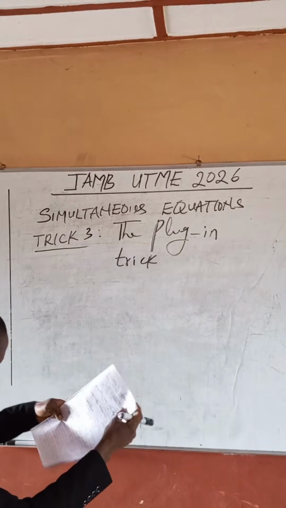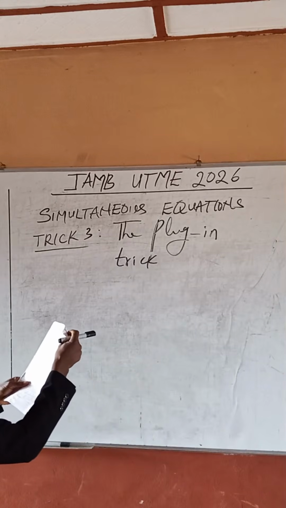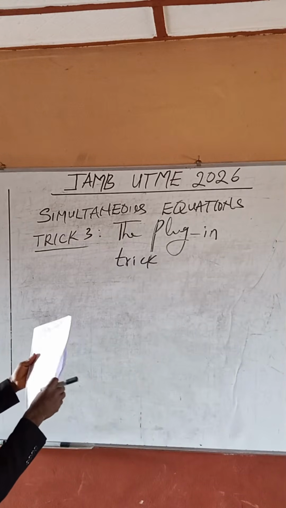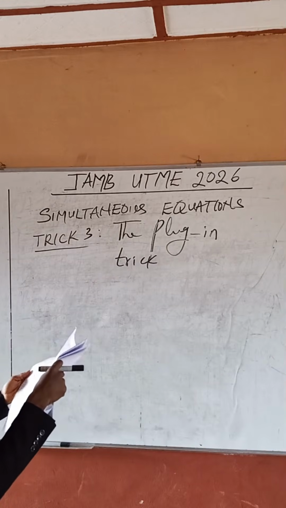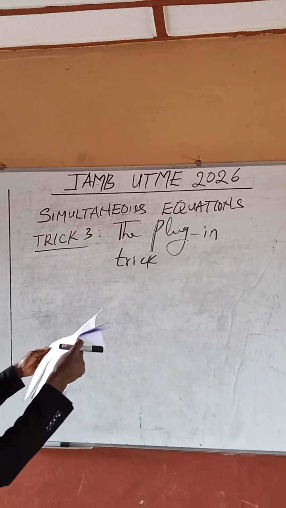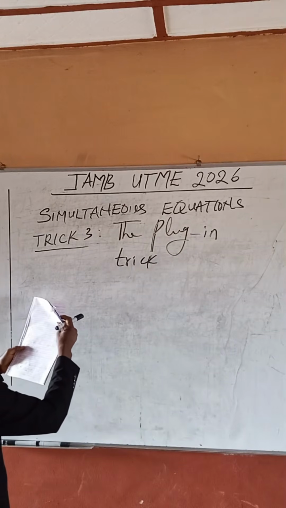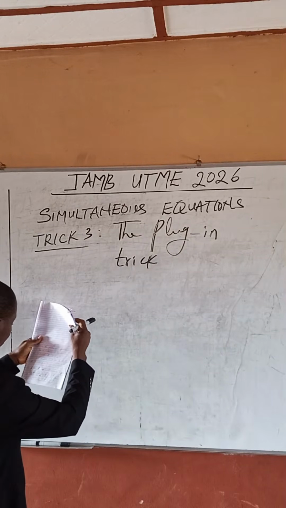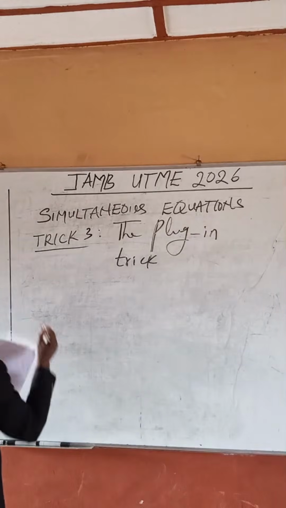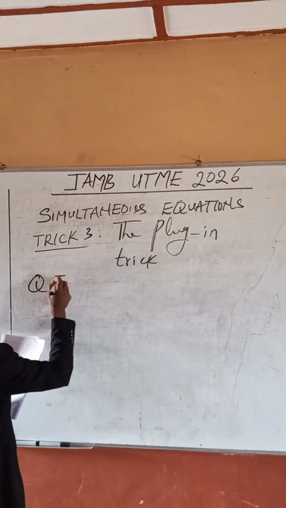So let's look at this so that we can better understand what we are talking about here. Okay, I have one here. Solve the following equations. That's question number 5.